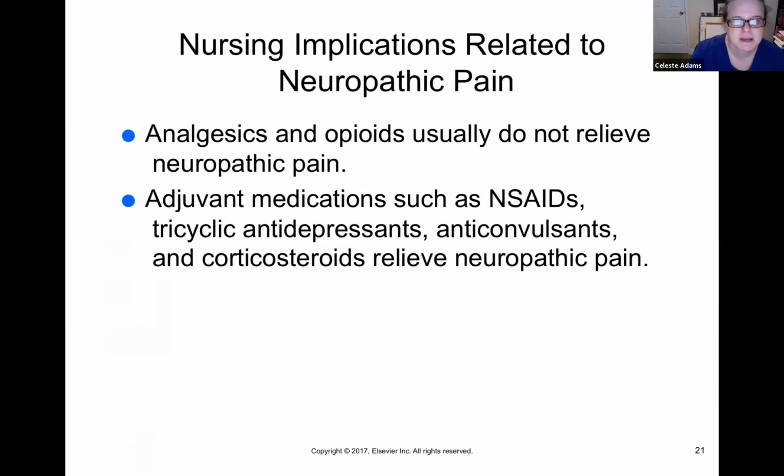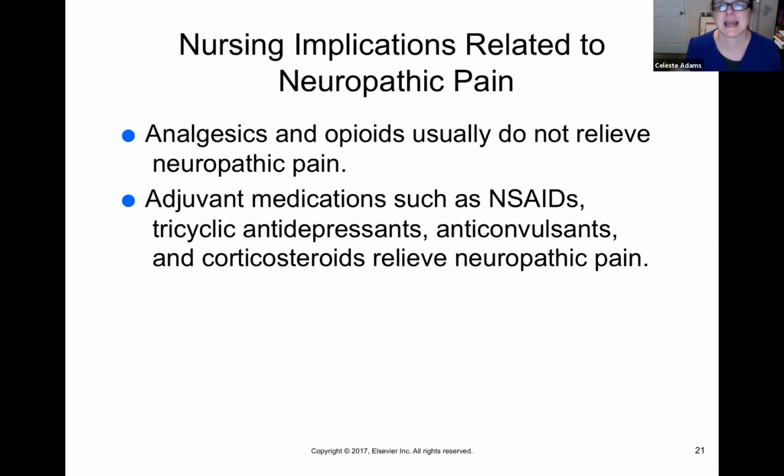Because analgesics and opioids are normally going to be working on the tissue themselves that's being damaged, and the perception and modulation phase. So it's not going to help relieve neuropathic pain.